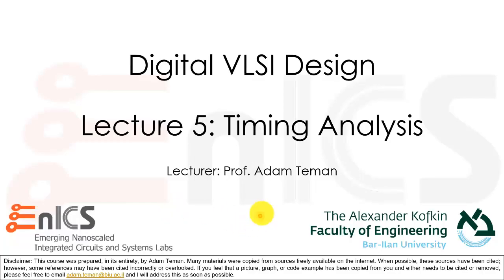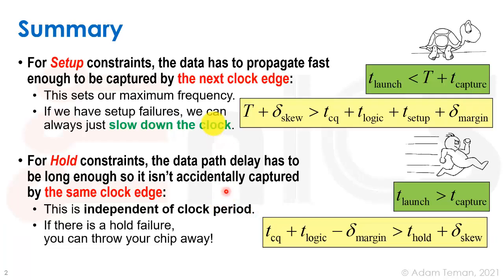Well, let's go back to the lecture slides, and we have this really nice summary of setup and hold constraints. We know that for the setup constraint, the whole capture time, which includes the clock period, has to be larger than the launch time. And for the hold constraint, the launch time has to be larger than the capture time. So let's look at positive skew in terms of setup constraints.